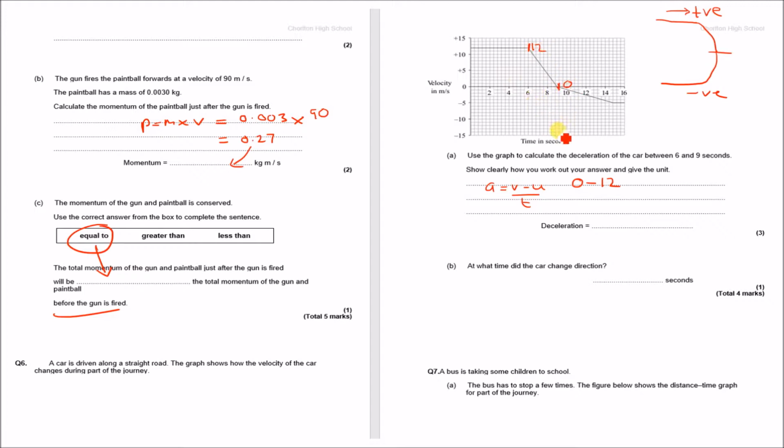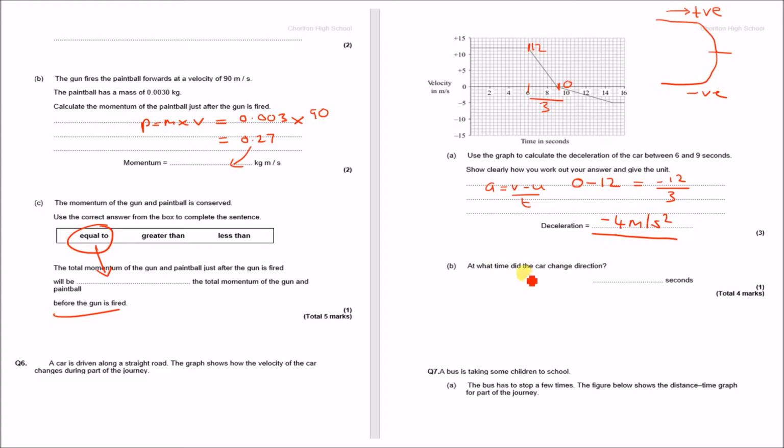And then how long did that take? Well, it's taken from 6 to 9 seconds, so that is 3 seconds. So 0 minus 12 is minus 12, and we divide that by 3, and we will get a deceleration of minus 4 meters per second squared. Again, you don't need to use a negative number, but if you go and do A-level physics, it'll be helpful if you get in the idea of using these now.